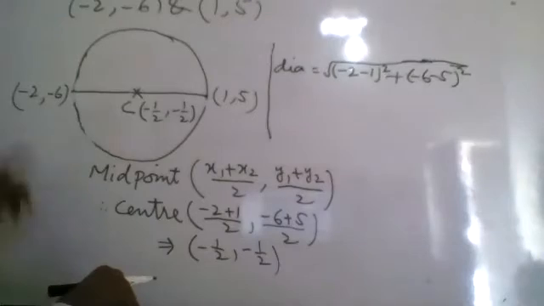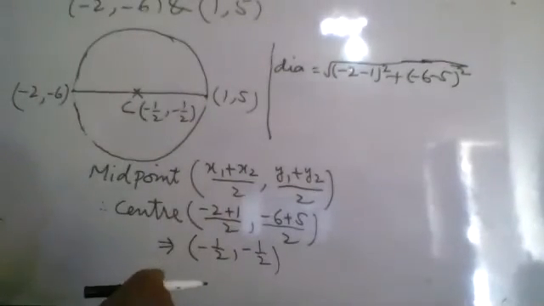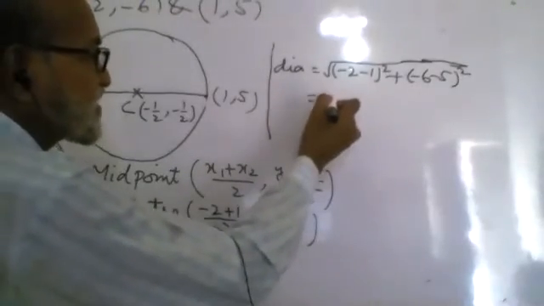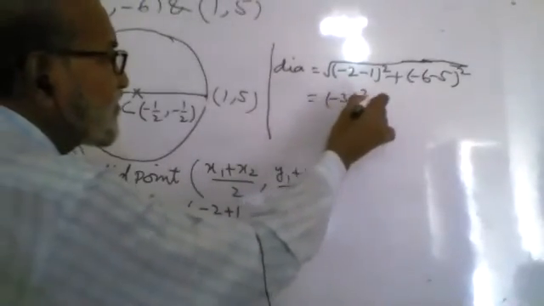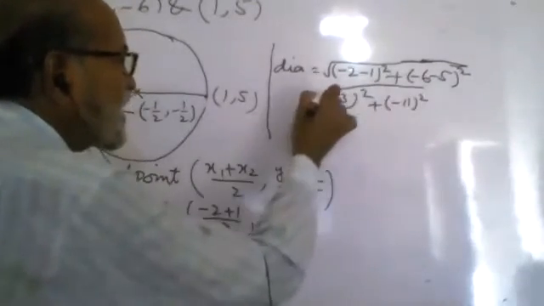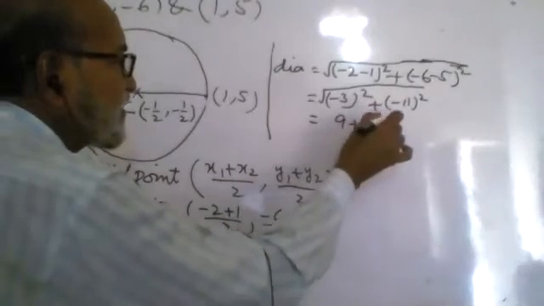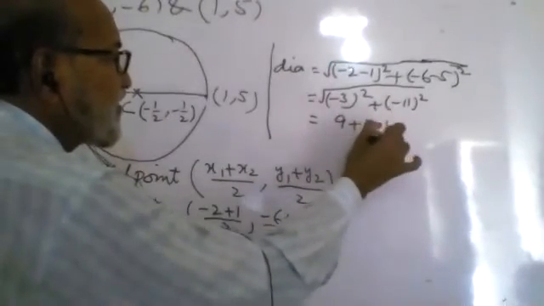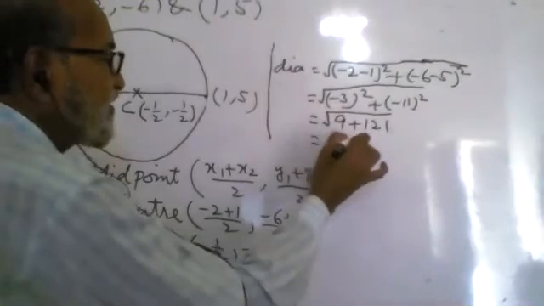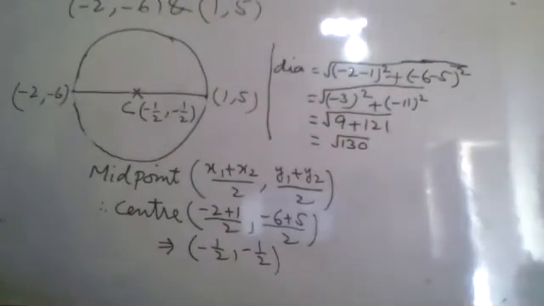It will become minus 3 whole square plus minus 11 whole square, whole under root. 9 plus 121, under root 130. This is the diameter.